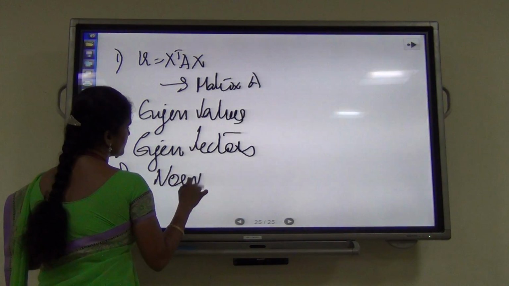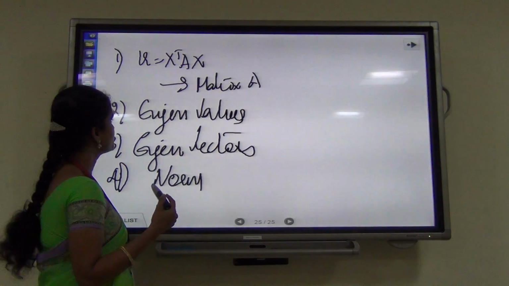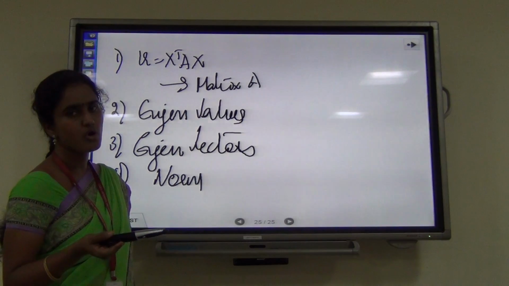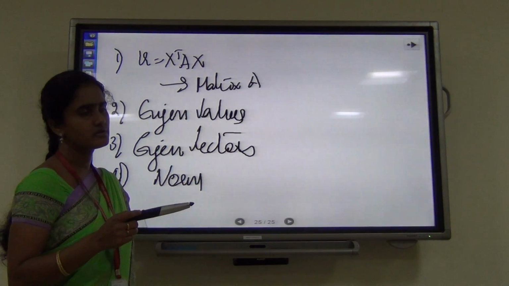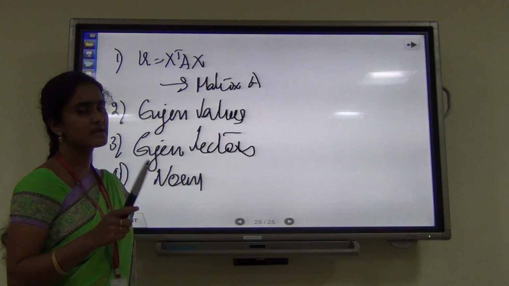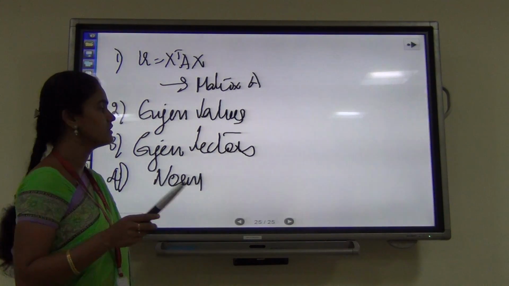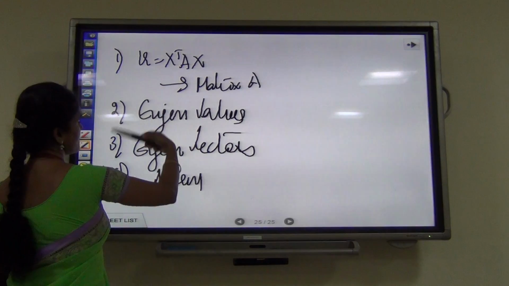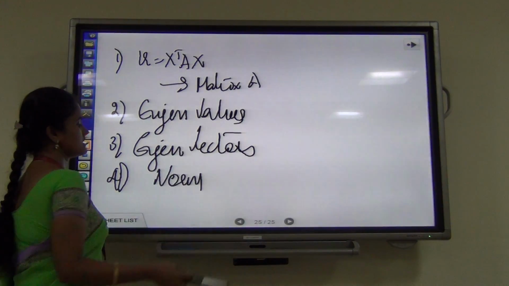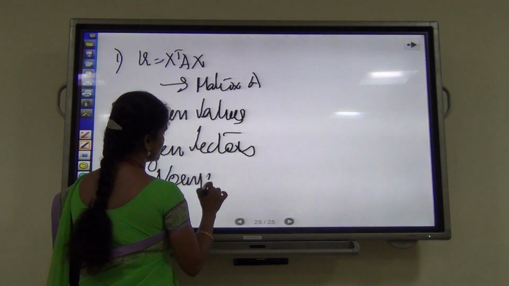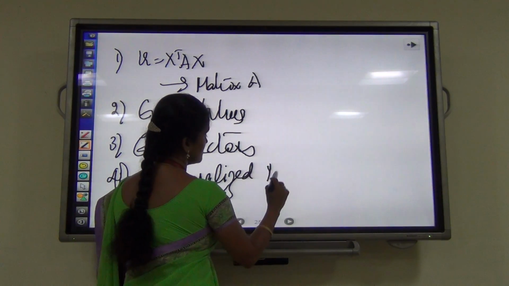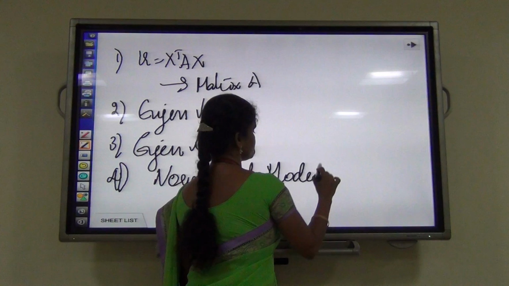So we are adding two steps to the working rule of diagonalization by orthogonal transformation: one step at the beginning, as before, and one more step at the end, the normalized modal matrix.